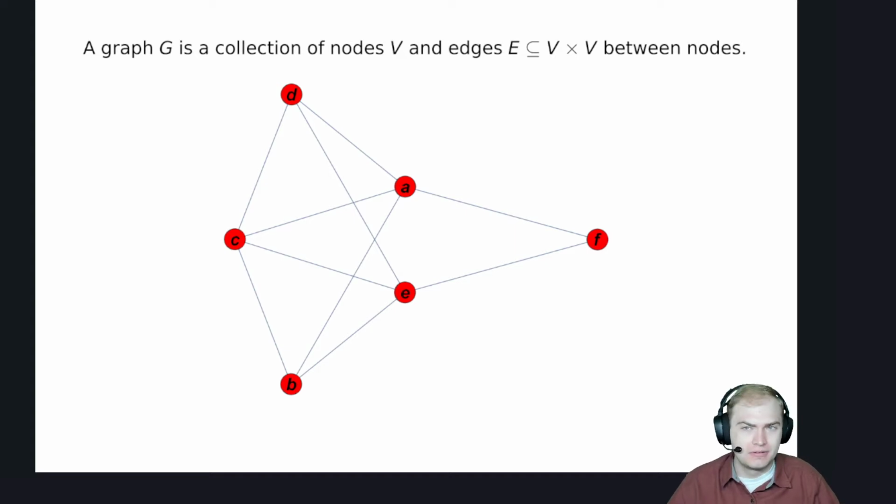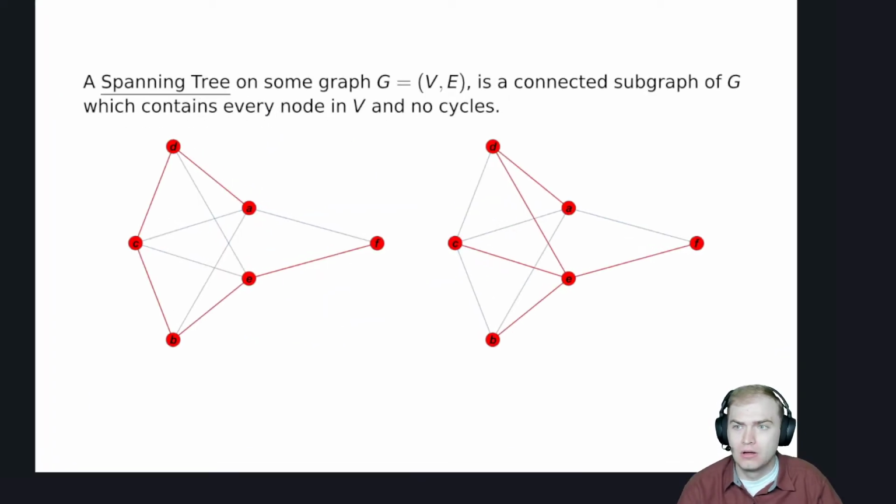So if we have a graph, a collection of nodes or vertices and edges, a spanning tree is just a subset of edges that touch every node. So here we can see the highlighted red ones that touch every node without any cycles.